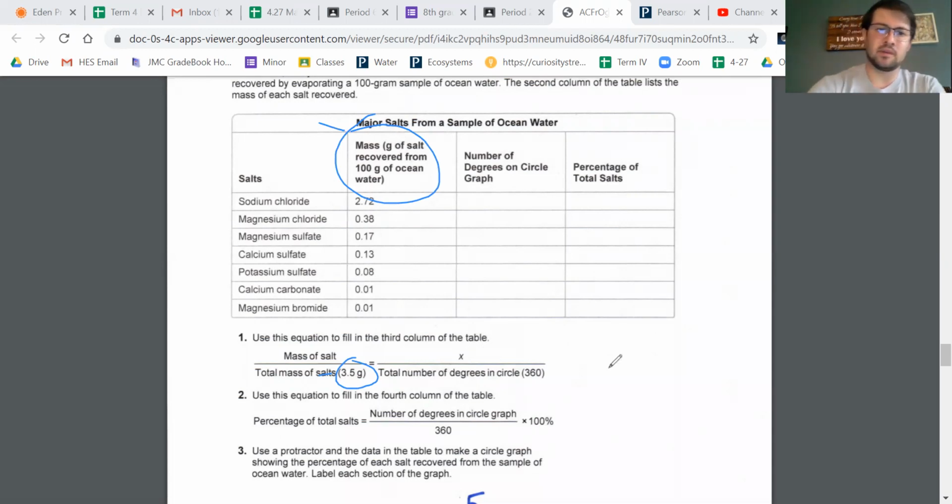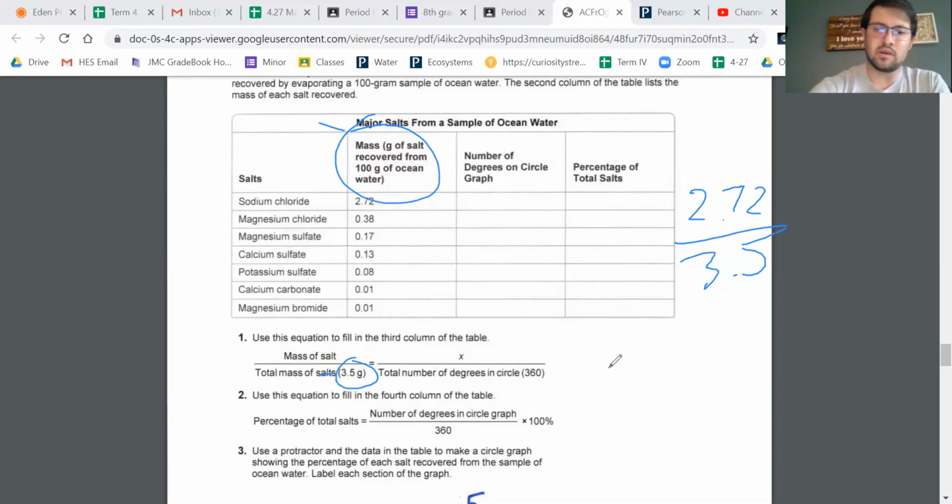For example, I'm taking 2.72 and then dividing that by 3.5, so 2.72 over 3.5. I use my calculator and I get 0.77.